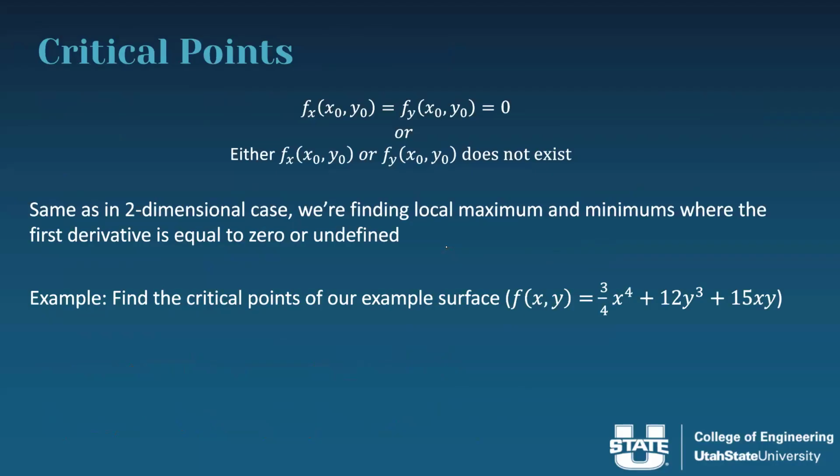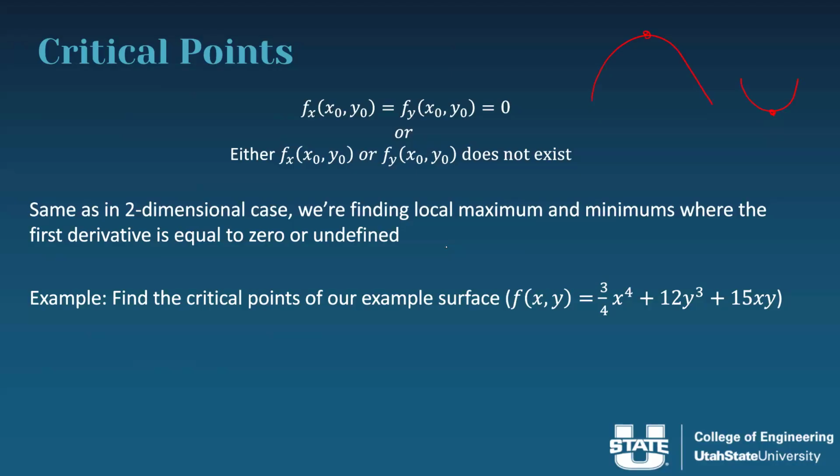In the same way that when we were dealing with 2 dimensions and finding our maximums and minimums in calculus 1, we took the derivative, set it equal to 0, and where it equals 0, we knew we had either a maximum or a minimum, right? We're doing basically the same thing now that we're in 3 dimensions.